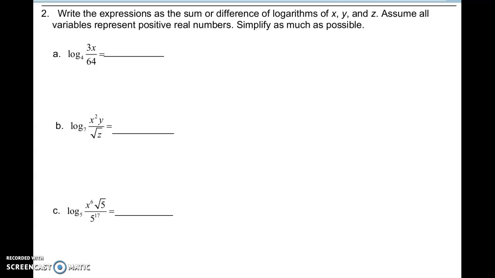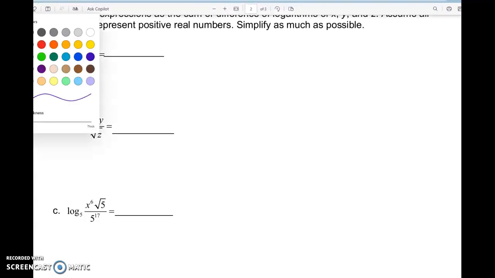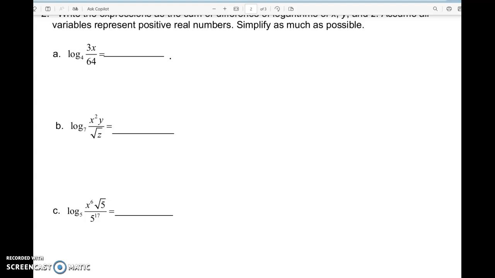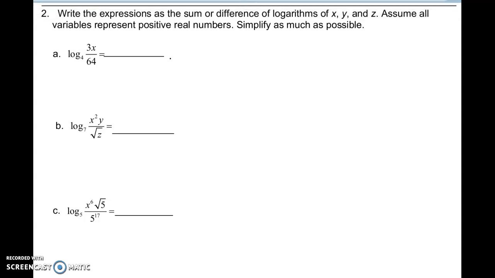And so I'm going to start by looking at this, and this is a quotient. So since this is a quotient, I'm going to say this is the log base 4 of 3x minus the log base 4 of 64.